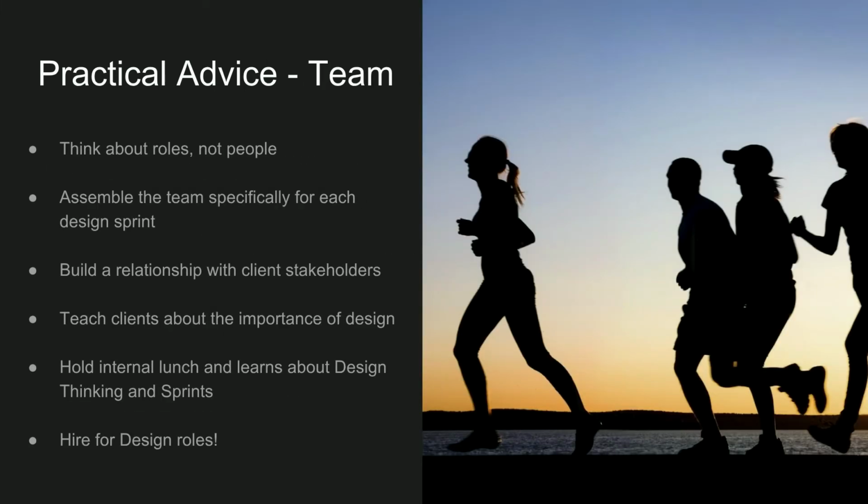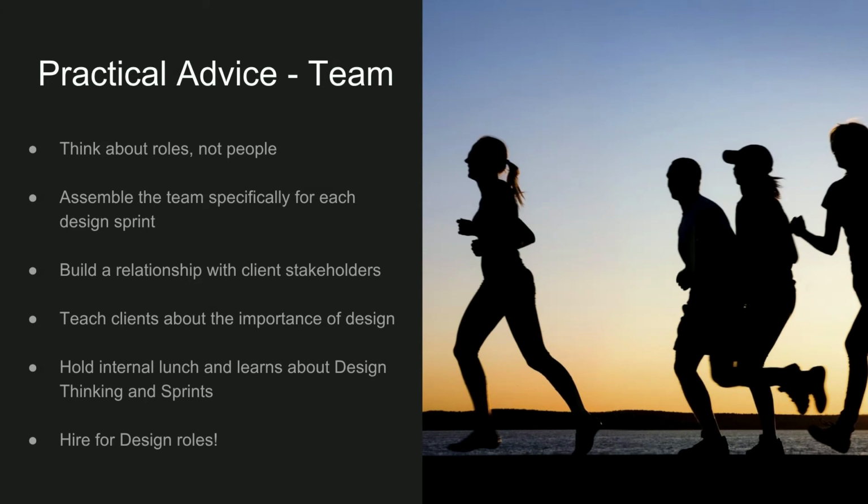On the team, always think about the roles. Don't think about the people. So when I said business, think about who is the stakeholder that owns the problem, the business problem, and that may be different people for different clients, for different organizations that you're interacting with, for each one of the projects. But think about who's the owner of the problem.